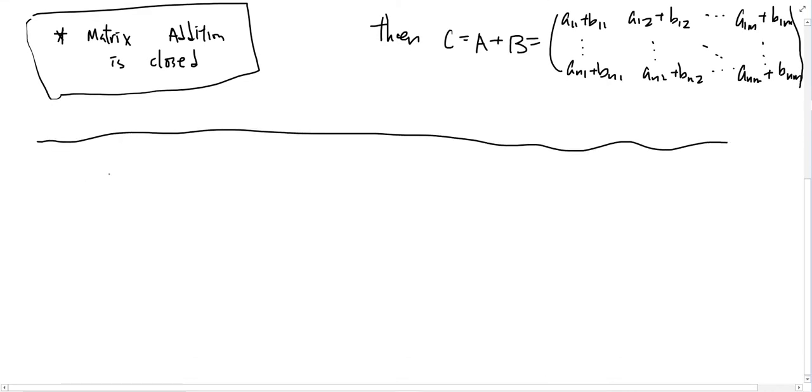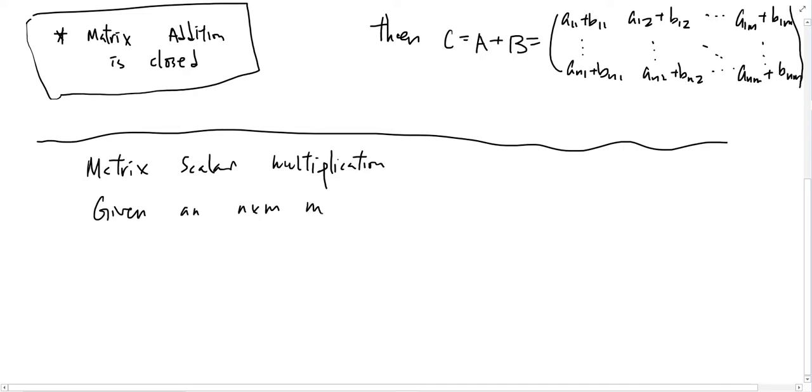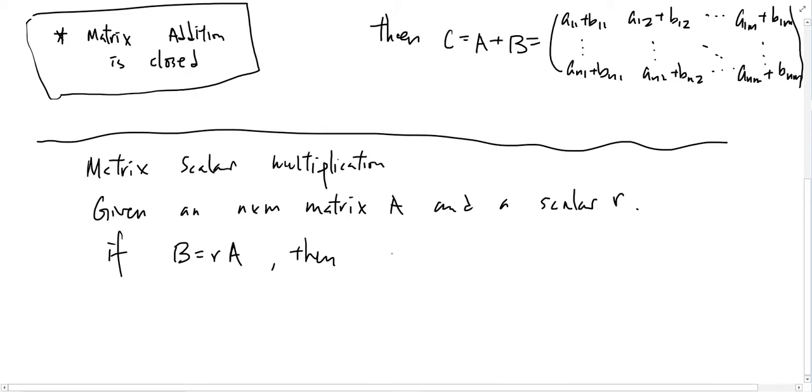The next operation is scalar multiplication of a matrix, or matrix scalar multiplication. So let's say given an n by m matrix A and a scalar, let's say R, if B equals R times A, then every B sub ij is just equal to R times A sub ij.